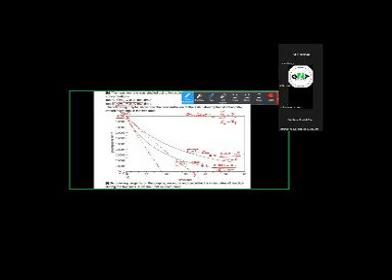Okay, so if you calculate it, my dear, any one of you could tell me what is the answer of rate A? 2.94 times 10 raised to the power minus 5. And what about the rate B? 5.55 times 10 raised to the power minus 5.